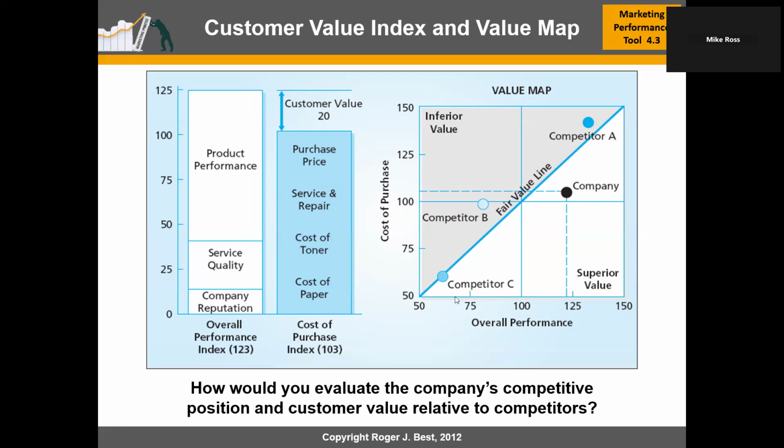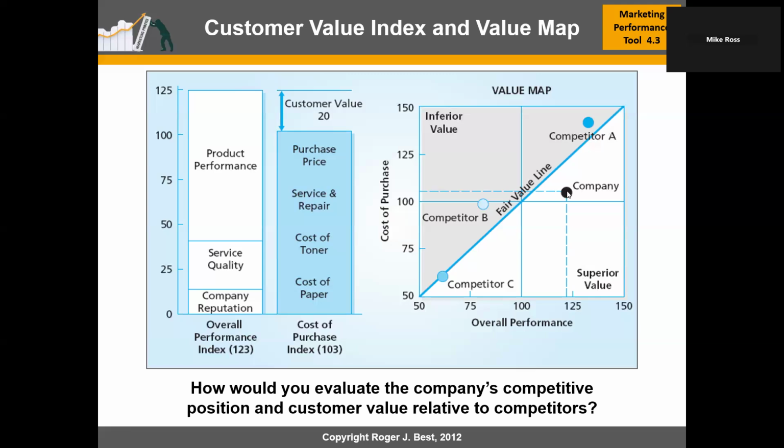So, probably the simplest way to think about this is that any product or service that lies above and to the left of this fair value line, you do not want to be there. That means you're in a market share losing situation. Conversely, if you are below the line, you're in superior value.